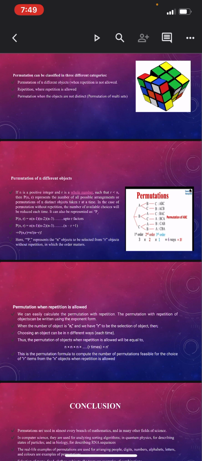In the case of permutation without repetition, the number of available choices is reduced each time. It represents selecting r objects from n objects without repetition, in which the order matters. For example, suppose three friends A, B and C have to stand in a line for a photograph.